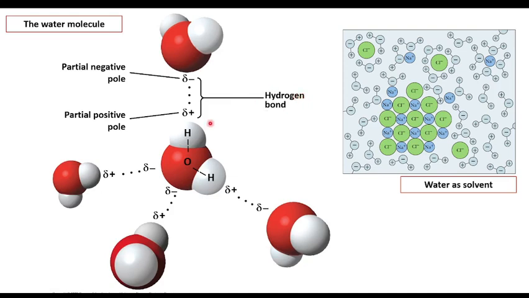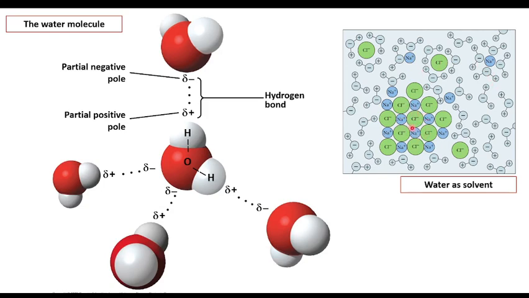Hydrogen bonding is hydrogen bonded to an electronegative atom, in this case, the oxygen in the water molecule. Now, water is also capable of forming hydrogen bonds with other molecules. Here, in this illustration, we have NaCl, sodium chloride or your table salt.